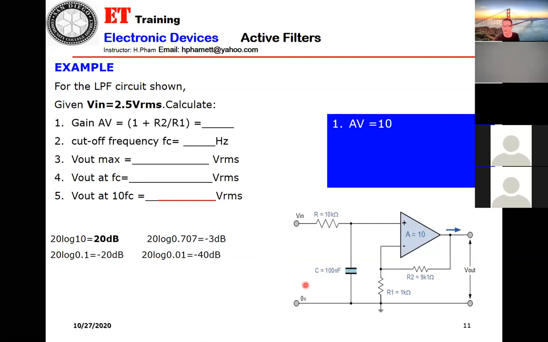AV equals 10, right. FC is 159 hertz. That means you have to use the formula 1 over 2 pi RC. They just add a 10K and a capacitor here to make the low pass filter. Okay. For any calculation here, just refer to the non-inverting amplifier.